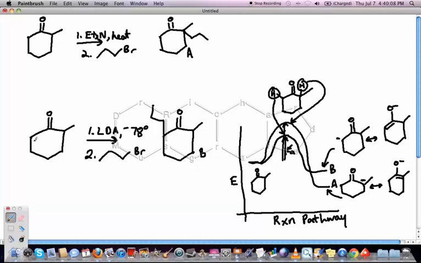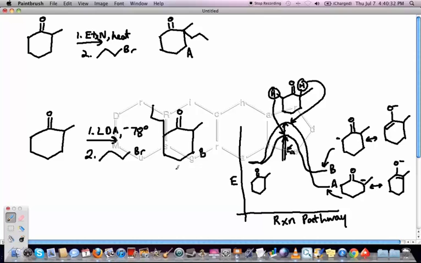So we're looking at the comparison between how easy it is to get this proton and how easy it is to get this one. Now what I would say is that this proton here is far more exposed than this proton is. So this one is much easier to remove. That means it needs a lower activation energy. So this one would be favored to be removed at lower temperature if we had a strong base.